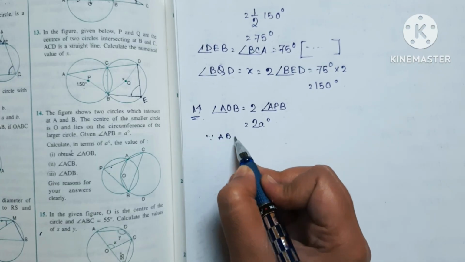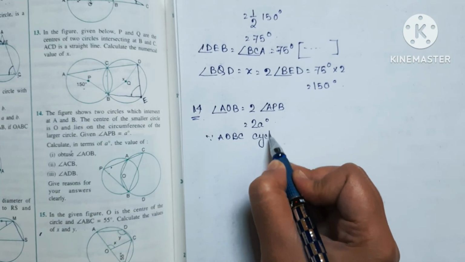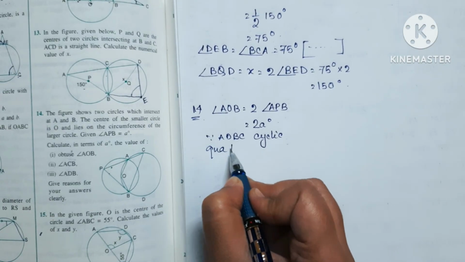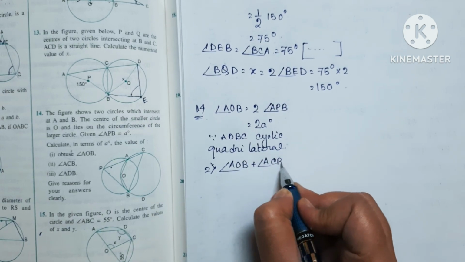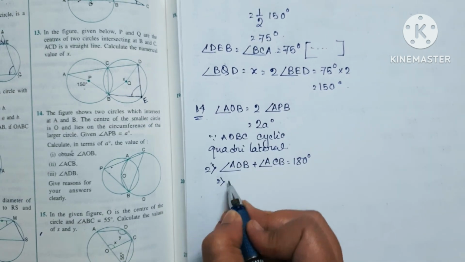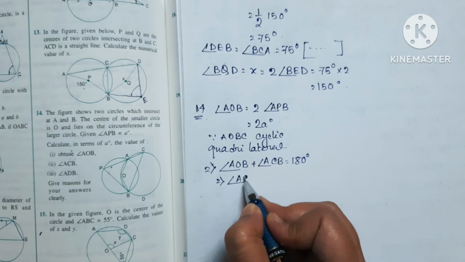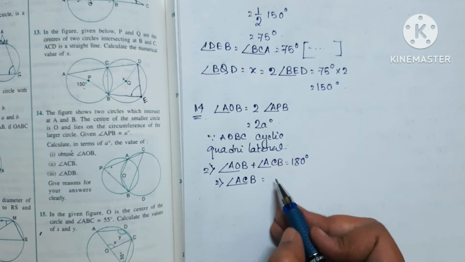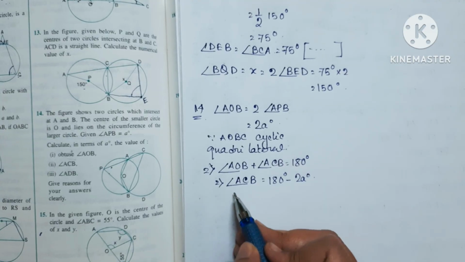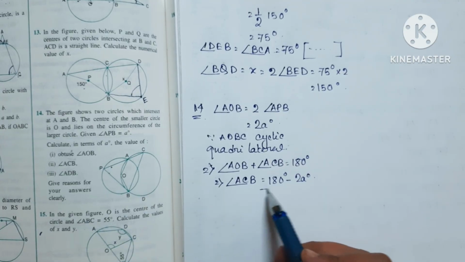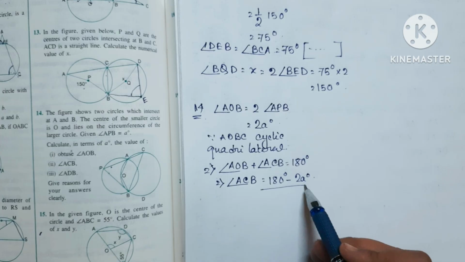Since AOBC is a cyclic quadrilateral, angle AOB plus angle ACB is equal to 180 degree. That implies angle ACB is equal to 180 minus 2A.